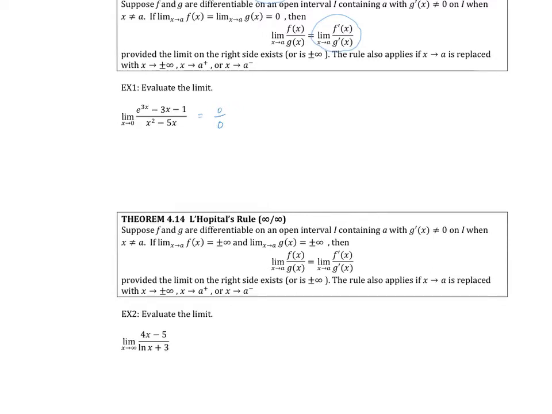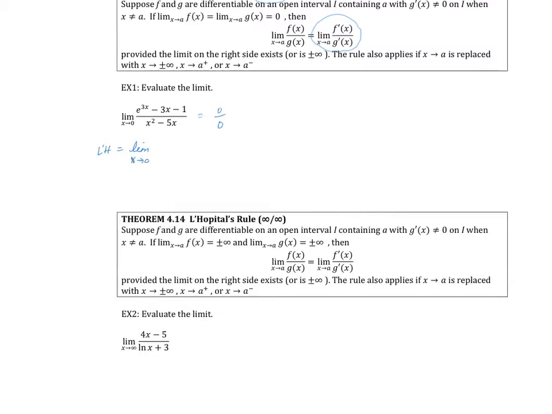So the something more that I'm going to do is use L'Hopital's rule. This is just my notation to say that I am using L'Hopital's rule. So I'm going to take the derivative of the top and the bottom. Remember, the limit is still there. We haven't evaluated the limit yet.